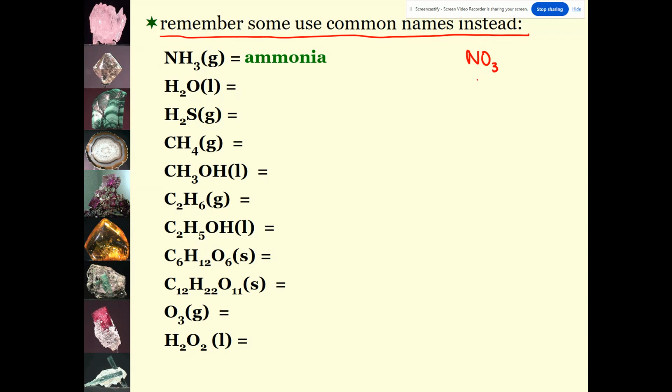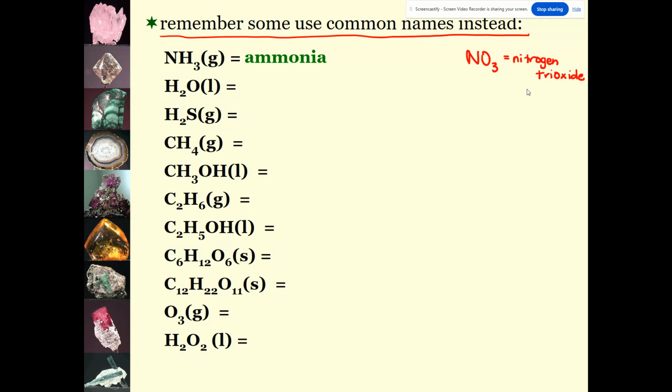That would be the polyatomic nitrate ion if it was bonded to a metal, for example. But when it's by itself, it's actually just a molecular compound, and the name of this would be nitrogen trioxide. Okay, polyatomic ions are never by themselves. So if you think it's a polyatomic ion and it's by itself, it's not. It's just a molecular compound. Okay? Anyway, back to the common compounds.